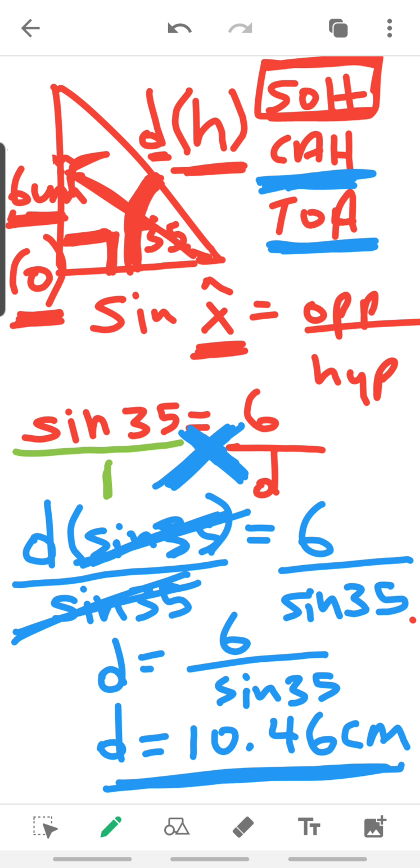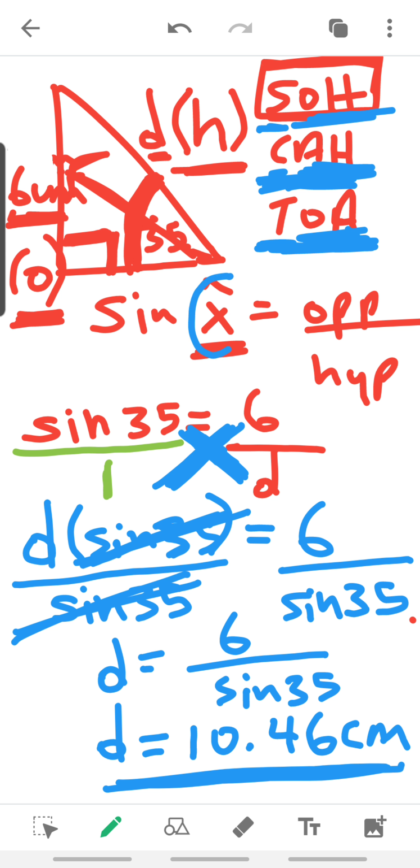And after we decide which ratio to use, we're going to set it up using our given trigonometric ratio. We have to remember that sine is equal to opposite over hypotenuse, cosine is equal to adjacent over hypotenuse, tangent is equal to opposite over adjacent. After we set it up, all we have to do is simply substitute.